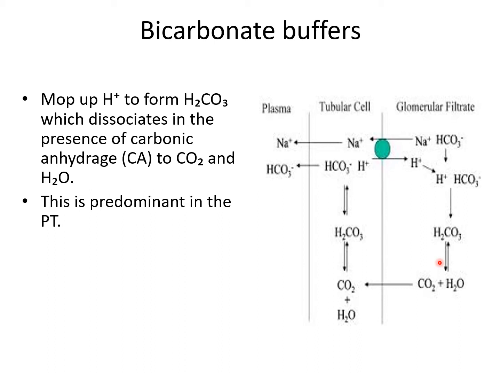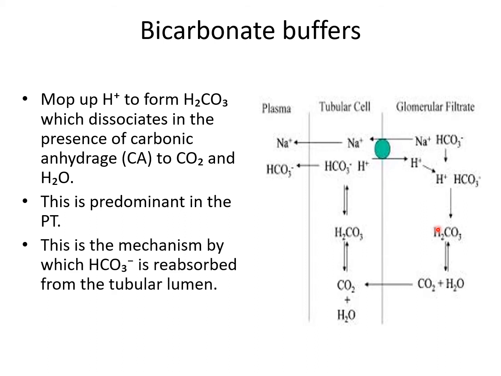That's why there is no dissociation of H2CO3 in the distal convoluted tubules, and this carbonic acid remains undissociated in the distal tubules and is excreted as such in the urine. This is the mechanism by which bicarbonate reabsorption occurs from the tubular lumen along with buffering the hydrogen ion.